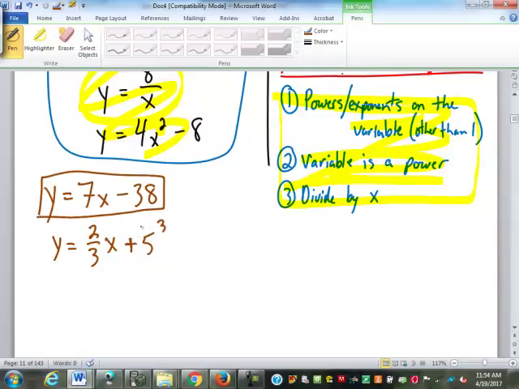Yes or no? Line or not? It's really tempting to say no because you see that 5 to the third power. However, 5 to the third power is just 125. The power only affects us if it's on the variable. So yes, that one will be a line.